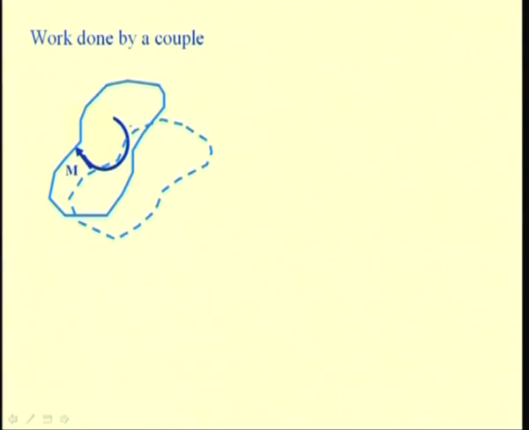So, if we consider that this is the position theta 1, and this body rotates, and this position is marked by this coordinate theta 2, where these angles are measured from some datum.